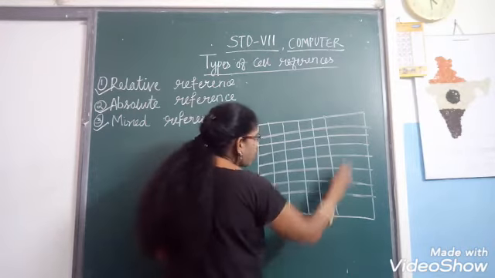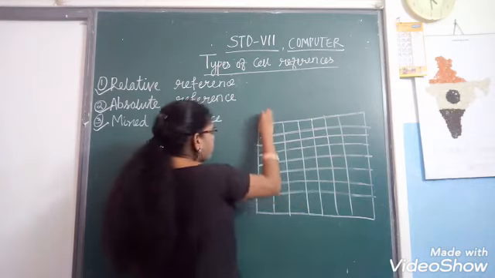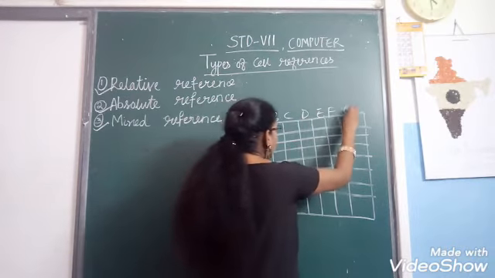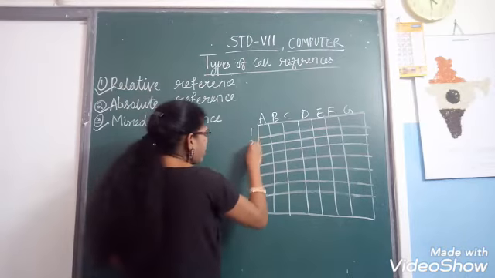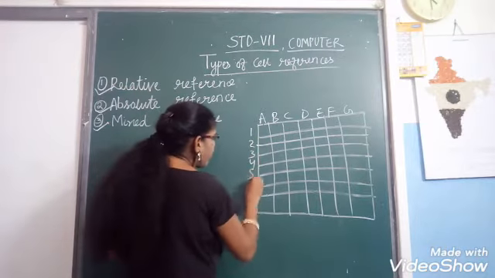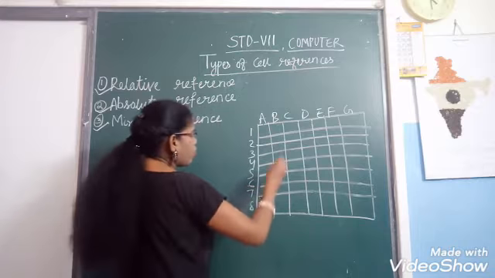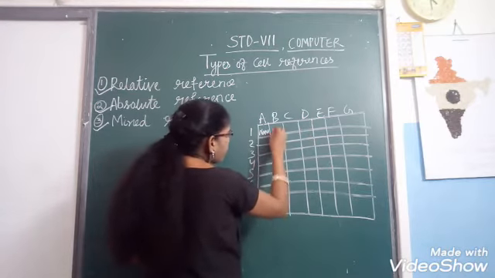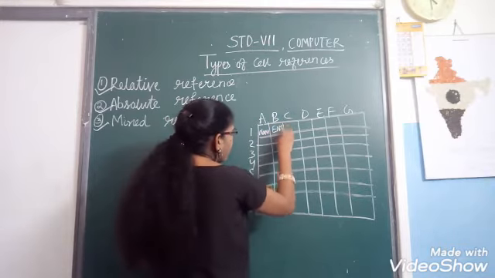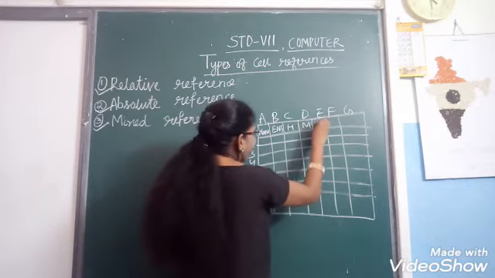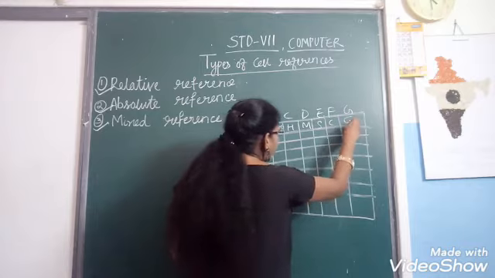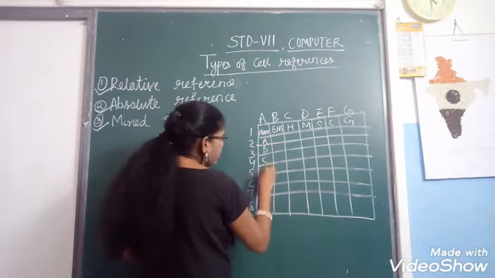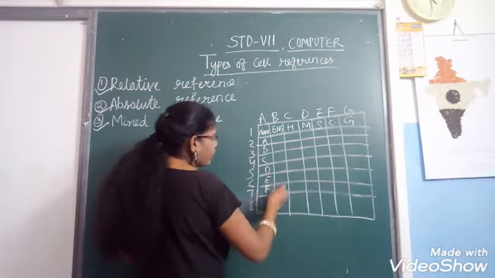Columns are named with the alphabet A, B, C, D, E, F, G, and rows are named with numbers 5, 6, 7, 8. For example, suppose here there are names and here some subjects: English, Hindi, Math, Science, Computer, Geography, and here some names, maybe A, B, C, D, E, F.